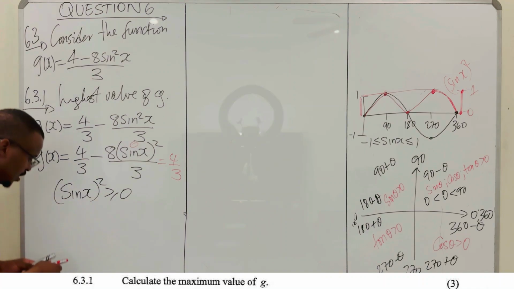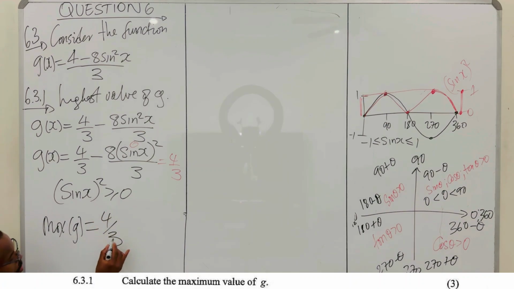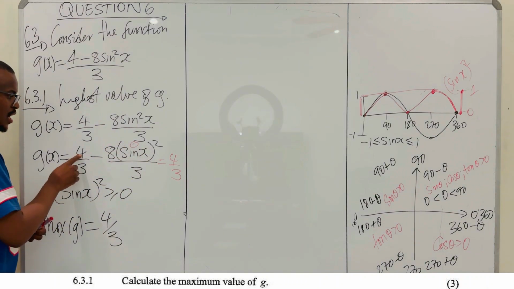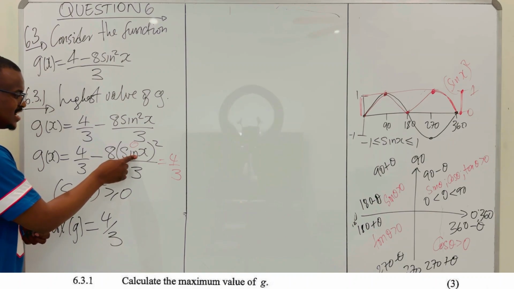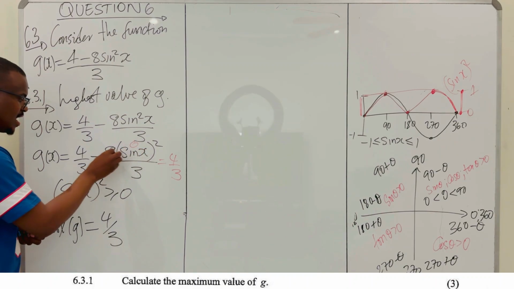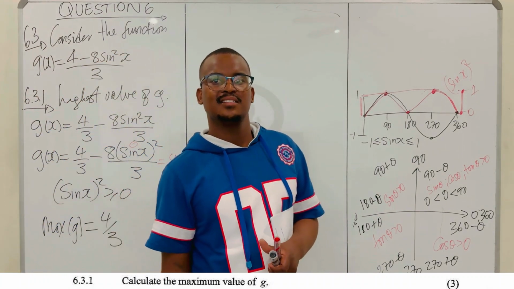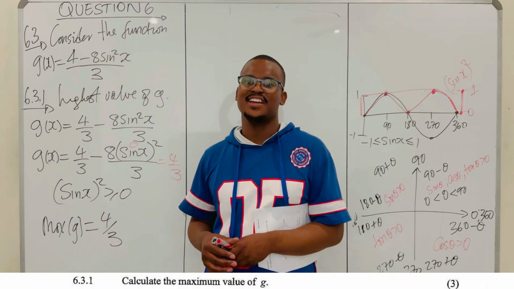In that case, we'll say the maximum of g is equal to 4 over 3. That's how I'll do it, in my opinion. Because if this is 0, then your answer will be 4 over 3. But if this is not 0, then now you'll be subtracting the value that will be here from 4 over 3, making your answer smaller than 4 over 3. That's what I'm trying to say.